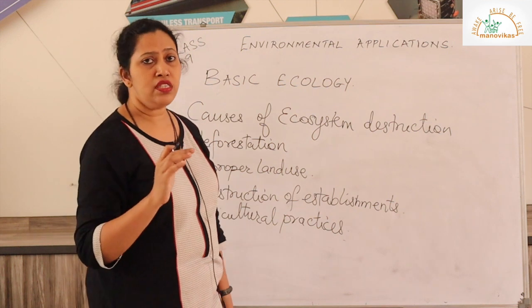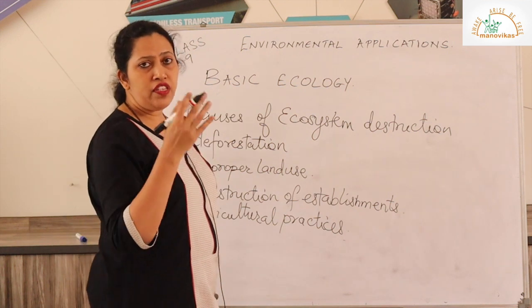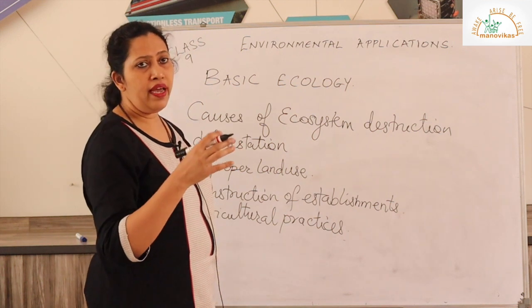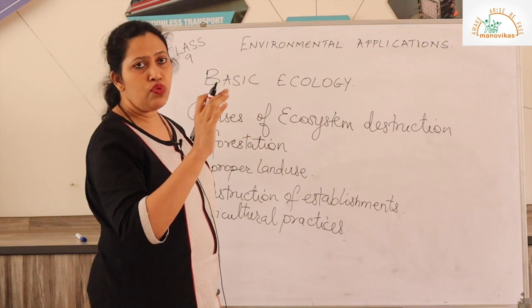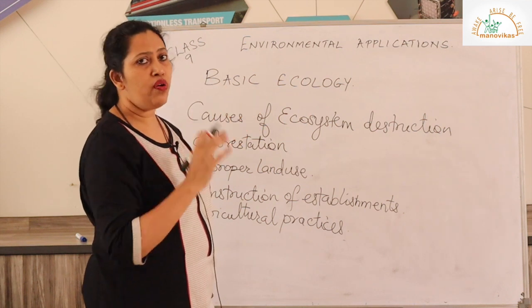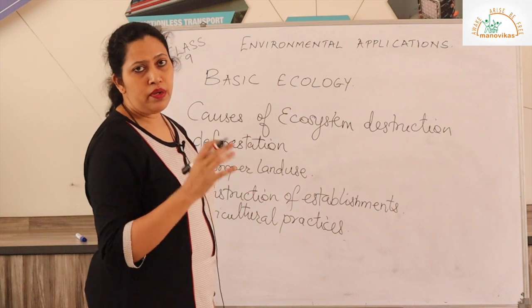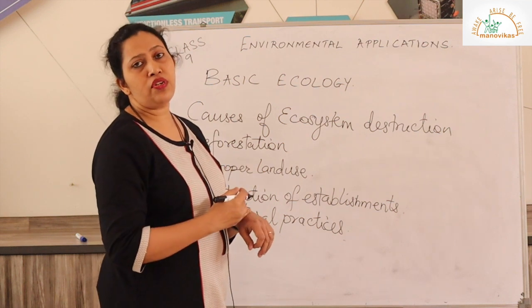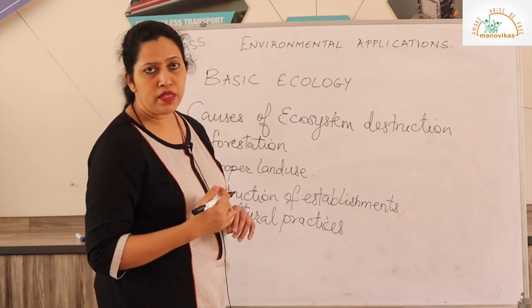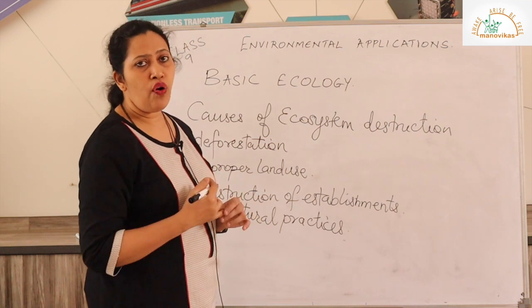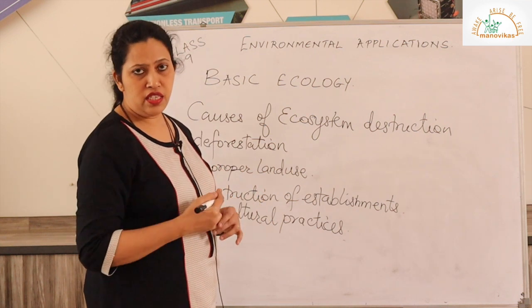cultivation. In that, what is done is the place after the harvest is burnt and it has to be left for two seasons without growing crops again. But because of our time constraint and we need more and more crops, it is being used again for growing in the next season.